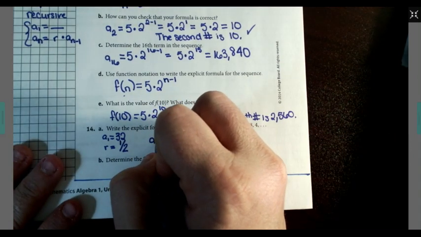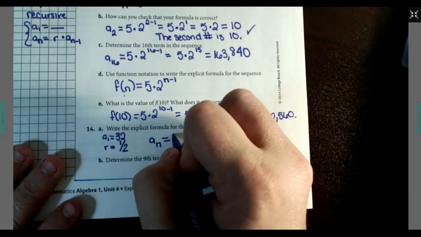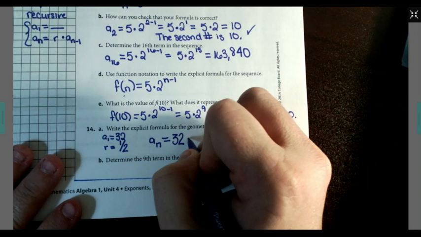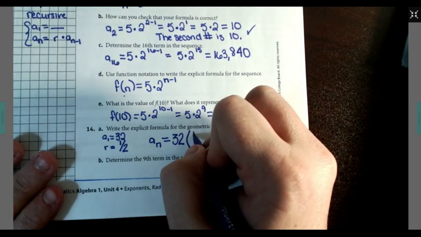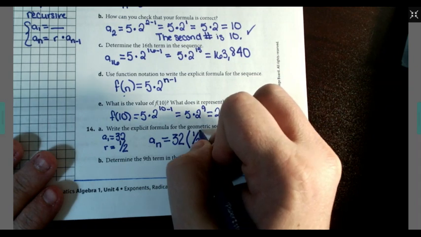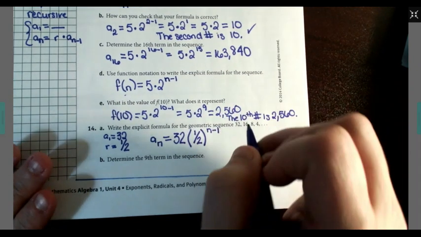If I write the explicit formula, remember it's going to be a sub n equals a sub 1, which is 32, times, I'm going to put this in parentheses, 1/2, and it's the whole fraction that's being raised to the n minus 1.